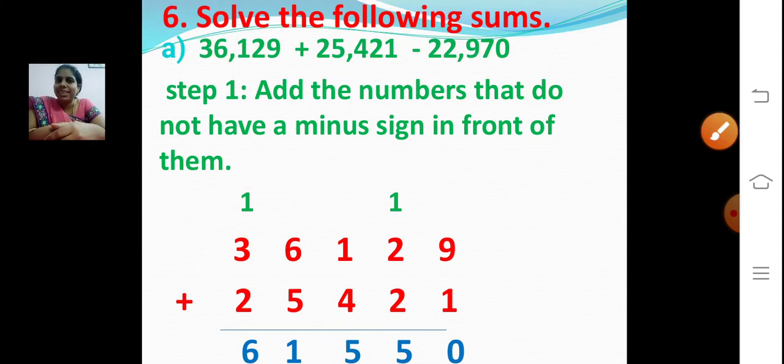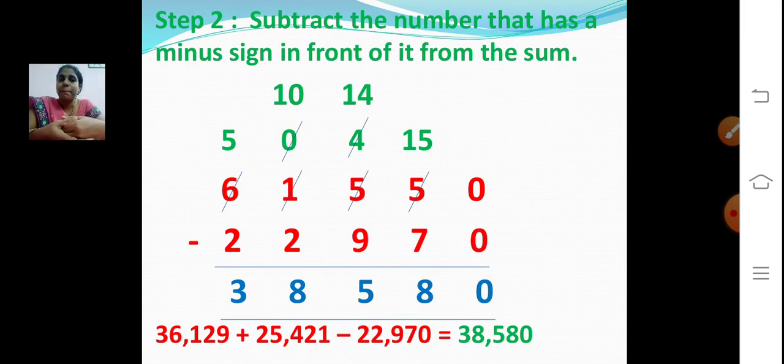What is step 1? First, we have to add the numbers that do not have a minus sign in front of them. So we have added the first 36,129 plus 25,421. Now the next step is to subtract the number that has a minus sign. Subtract the number that has a minus sign in front of it from the sum.